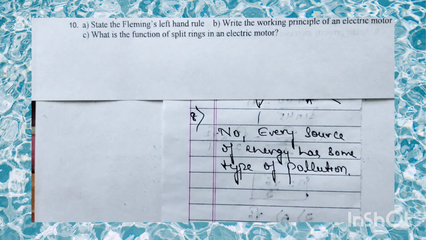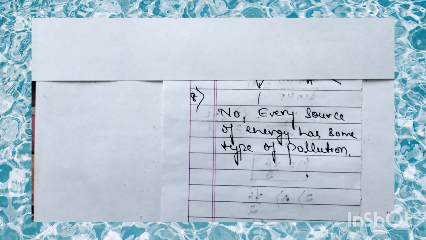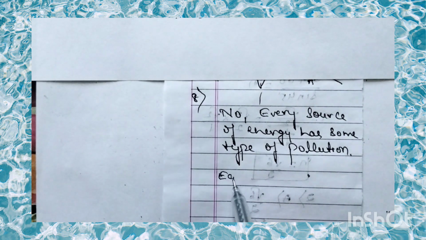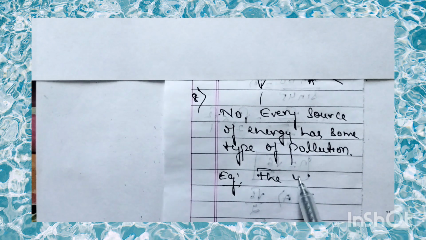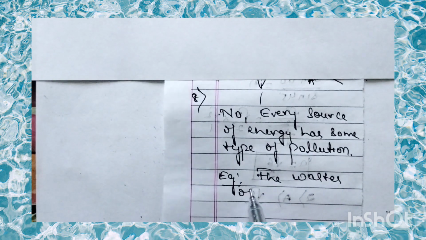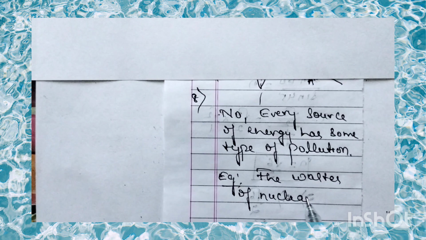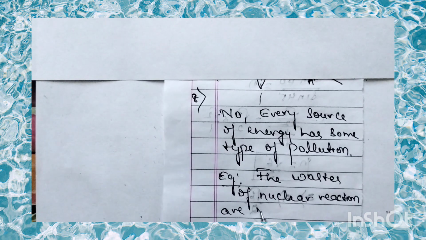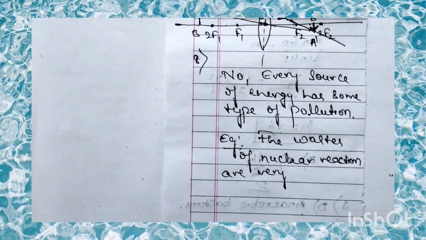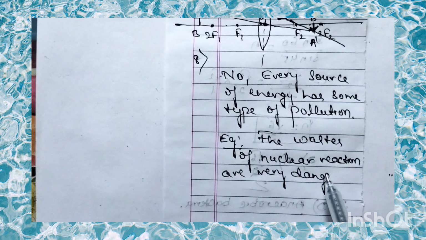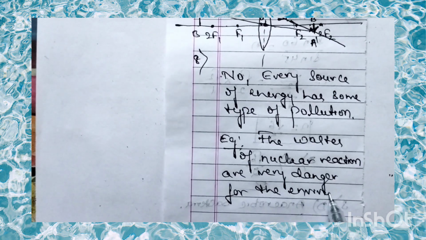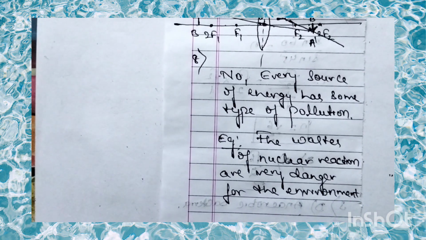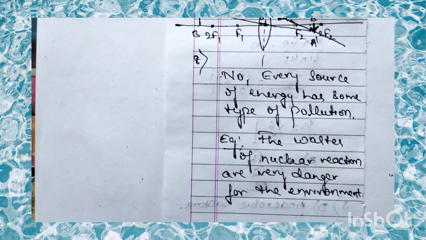To show this with an example, for example, the wastes of nuclear reaction are very dangerous for the environment. So this is the answer for the eighth question. No, every source has some type of pollution.